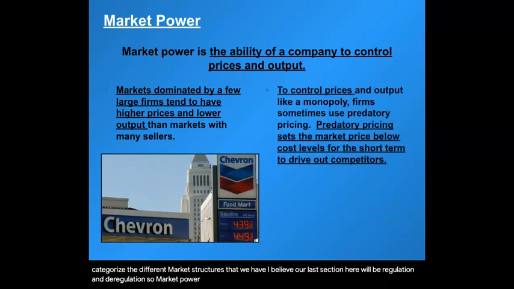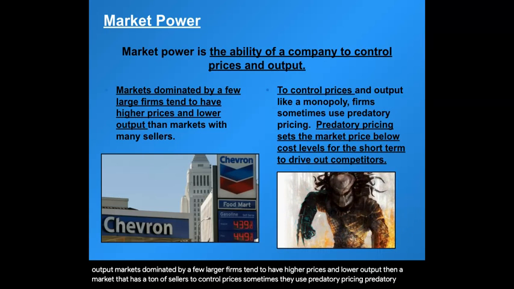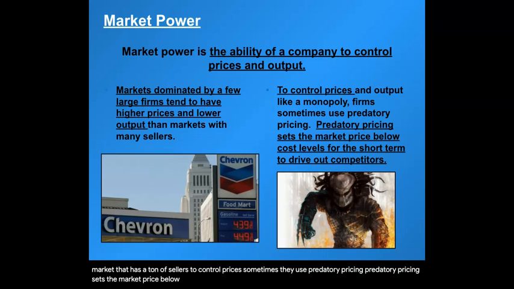Market power is the ability of a company to control the prices and control the output. Markets dominated by a few larger firms tend to have higher prices and lower output than a market that has a ton of sellers. To control prices, sometimes they use predatory pricing. Predatory pricing sets the market price below cost levels for the short term to drive out competitors.